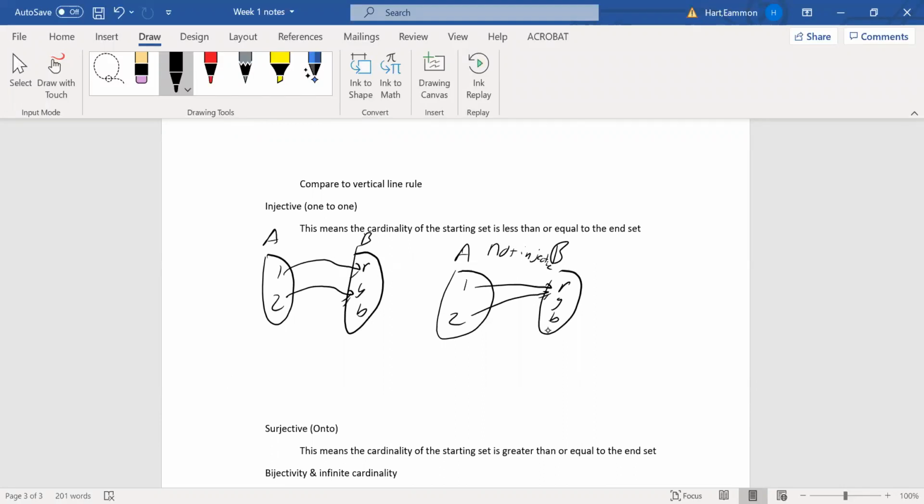An equivalent thing to say here is that the inverse image of the function is also a function.